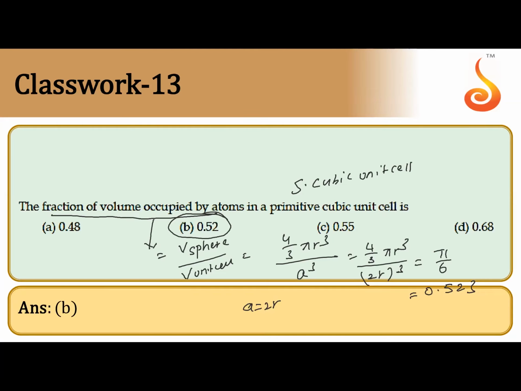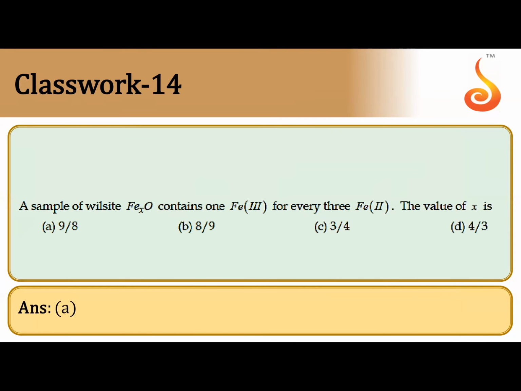Question number 14. Sample of Wustite, FeXO, contains 1 Fe3 plus for 3 Fe2 plus. Value of X is. So here, charge on oxygen will be -2. So charge on iron will be plus 2x.